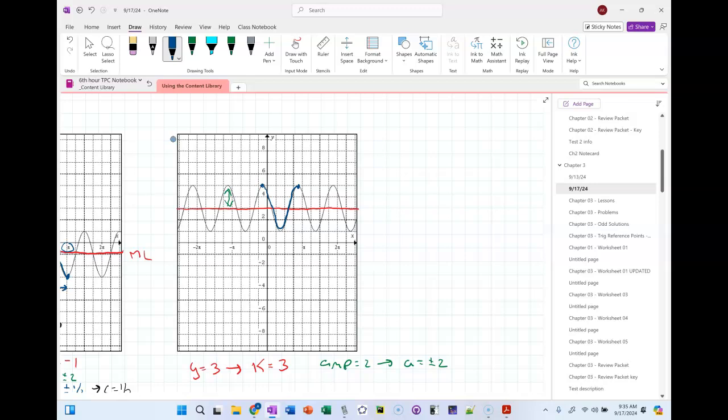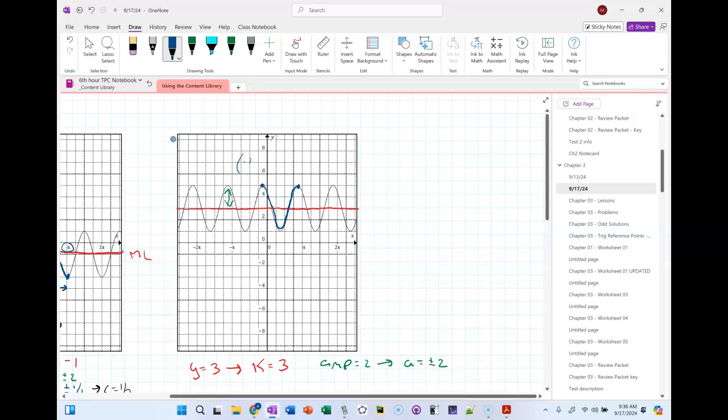It'll always be kind of obvious that if it's not on a grid line, it's halfway in between. So I know there are 1, 2, 3, 4 grid lines before I get to a whole pi. So each grid line is a quarter pi. Half of a grid line then is an eighth of pi. Half of a quarter is an eighth. You guys okay with that?